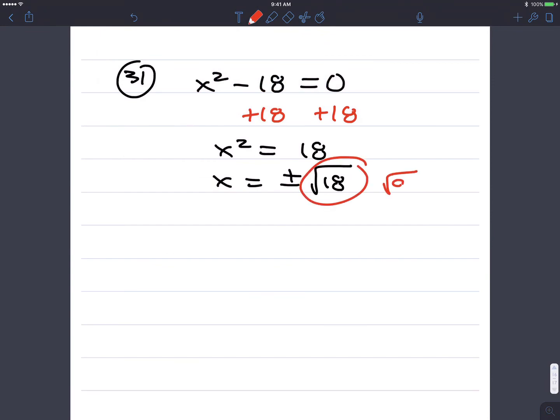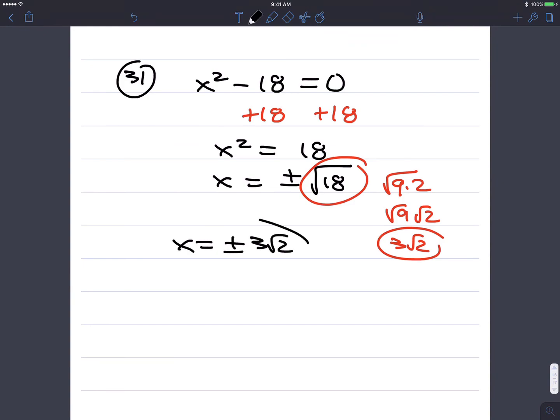The square root of 18 can be written as 9 times 2, the square root of 9 times the square root of 2, or 3 times the square root of 2. Plus or minus 3 times the square root of 2. And you're done.